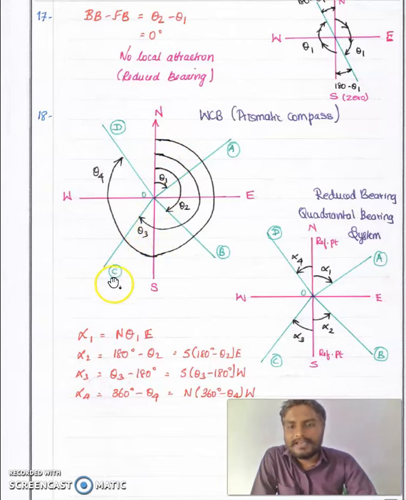Next, for survey line C, theta 3 is the angle with respect to true north, which is greater than 180 degree and lesser than 270 degree. For survey line D, the horizontal angle is theta 4, greater than 270 degree and lesser than 360 degree.